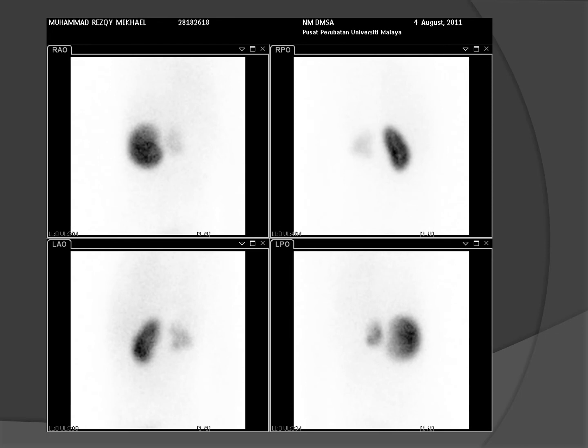Okay, this is another example of the renal cortical scintigraphy, or the DMSA scan. If you take the anterior view, right anterior oblique, you see that the uptake in the left kidney is decreased, or you can see a faint uptake on the left kidney, but the right kidney shows a good tracer uptake.